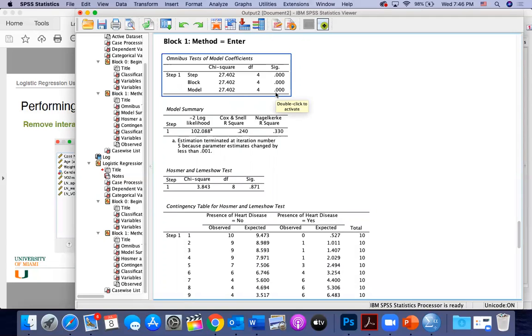Let's say we are using a 0.05 alpha level. This value was much less than 0.05, indicating that our overall model is statistically significant in predicting heart disease, whether someone has a heart disease or not.